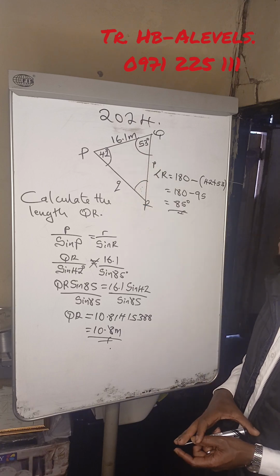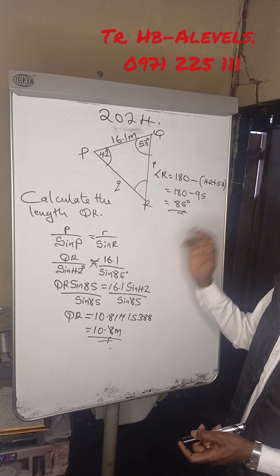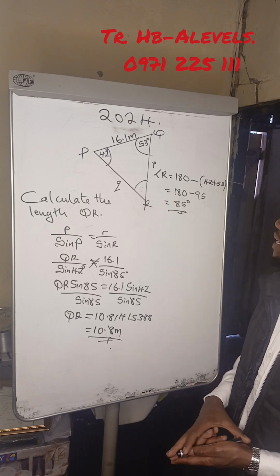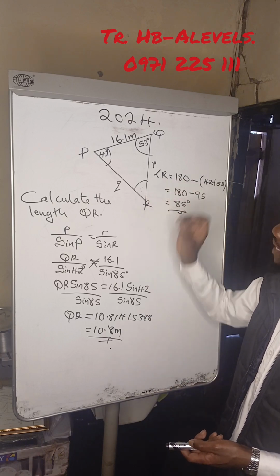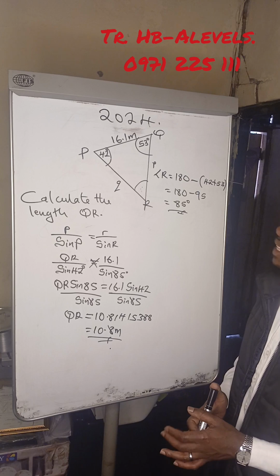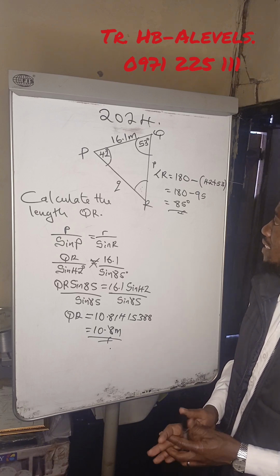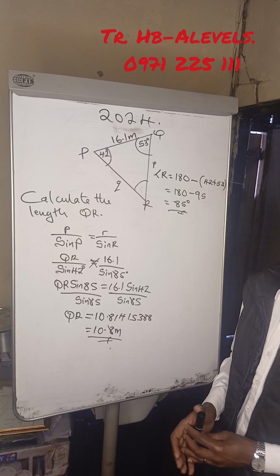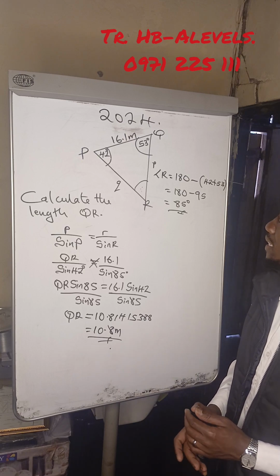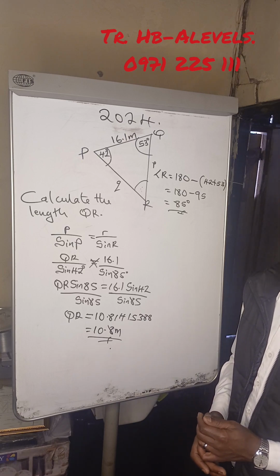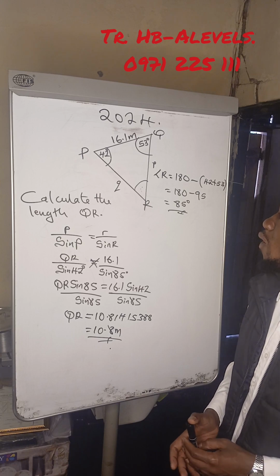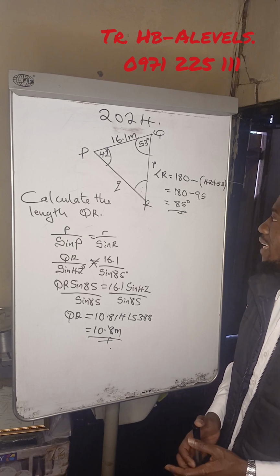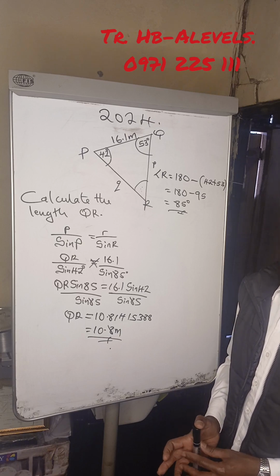We'll get 95, and when we get 95, we'll subtract that from 180, and this angle here will be 85. And once we find this angle, we can now apply the sine rule method. Then we do the substitution, and we'll arrive at the correct answer. Ensure that your calculator is working in degrees and not in radian measure or in other functions, because that way you may end up getting a wrong answer.